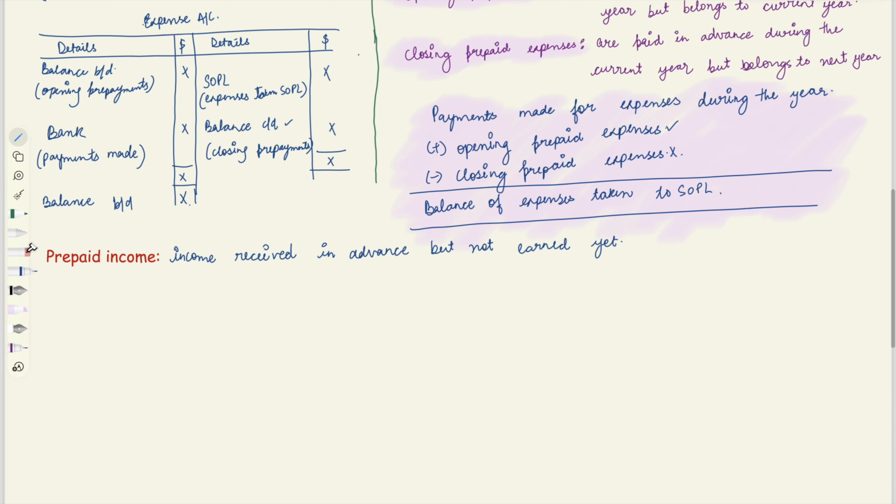Why? Because I have received the money but I have not provided the services. So either I'm liable to provide the services or I'm liable to give them the money back, right? So this is going to be a part of your current liability. So in your statement of profit or loss, you will be taking the same treatment as you did for prepaid expenses. But in your statement of financial position, it's going to be your current liabilities.